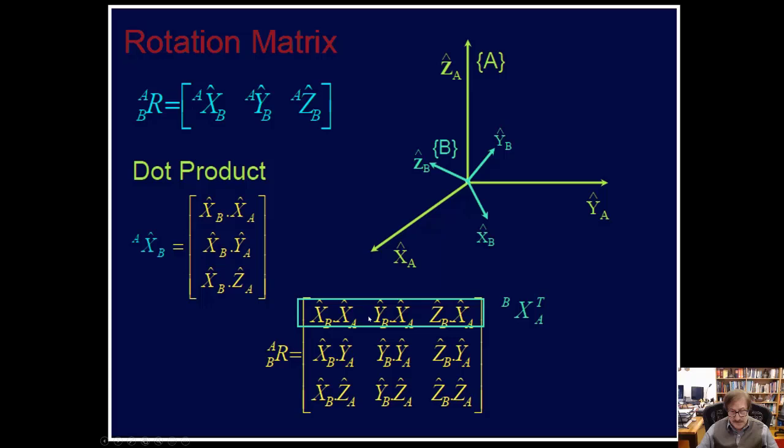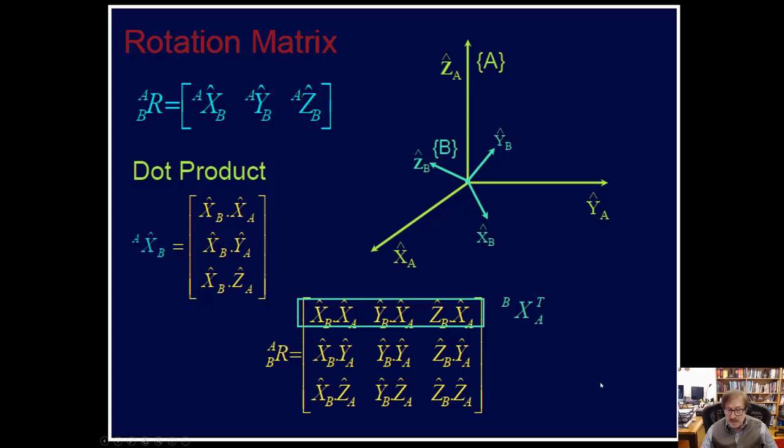What do these mean? If I try to project XA to the B frame, what would I do? I would have the dot product of XA with XB, the dot product of XA with YB, and the dot product of XA with ZB. In other words, XA dot XB here, XA dot YB below it, and XA dot ZB below it.